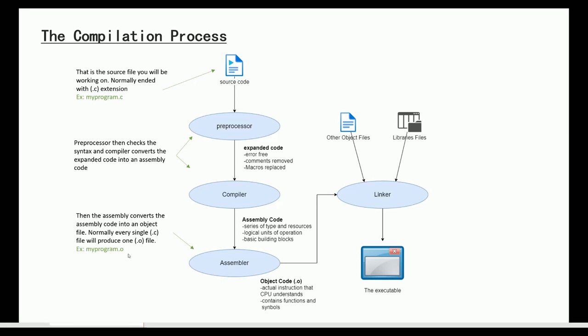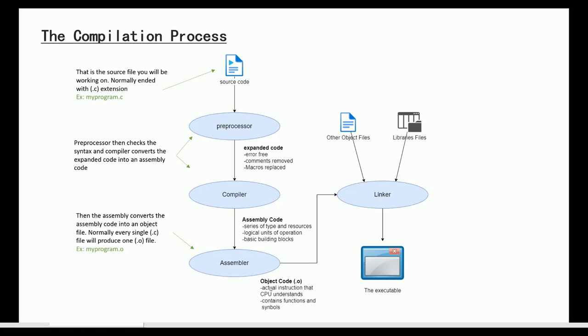What it's saying is, if you have a C source file called myprogram.c and you feed that into a compiler, it can produce an output of .o. That means that piece of source file has now been converted to an object file which your CPU understands. Inside this object file are the actual instructions that tell the CPU what to do, binary, ones and zeros, stuff like that.